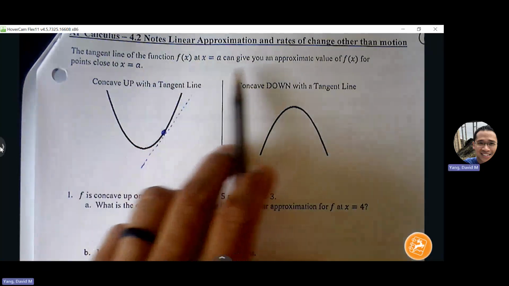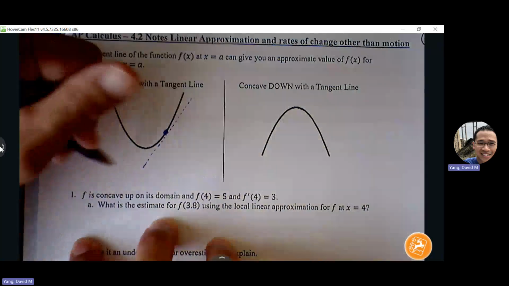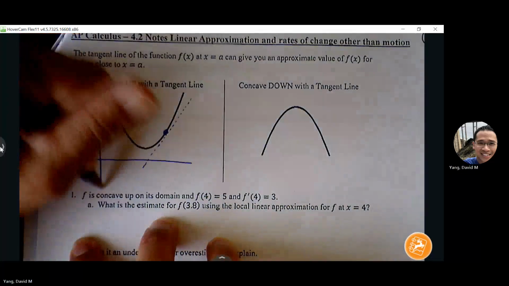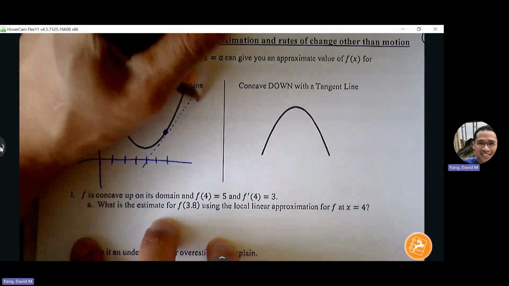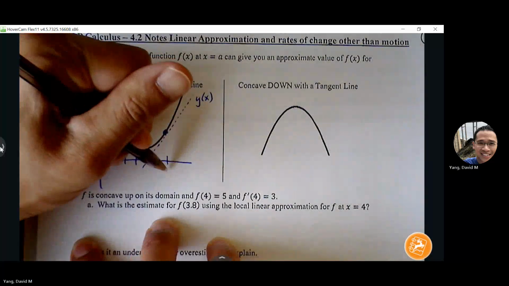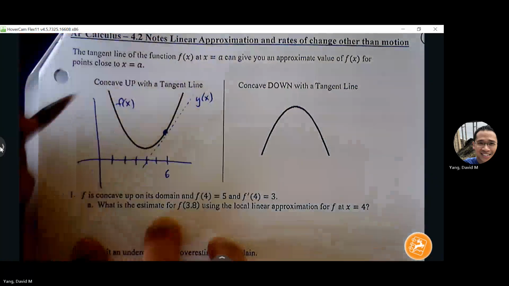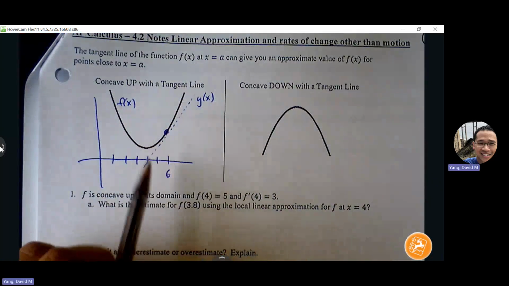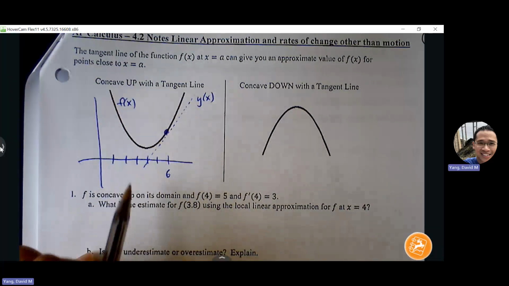Now, let's say we wanted to find f of 6. So this is y of x, that's the line. F of x is the curve. So do we agree that f of 6 and y of 6 will be the same y value?